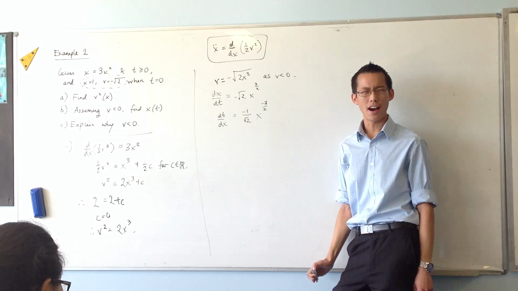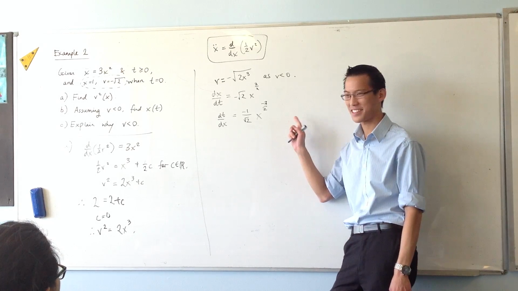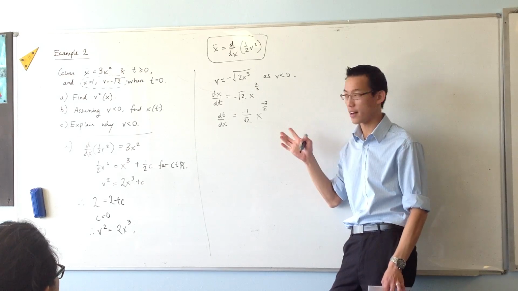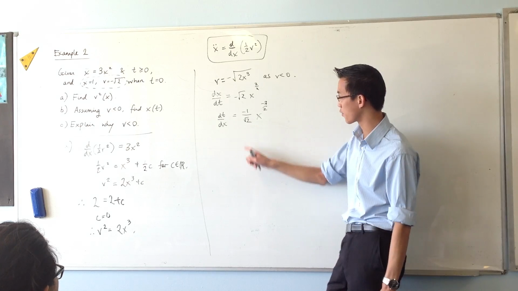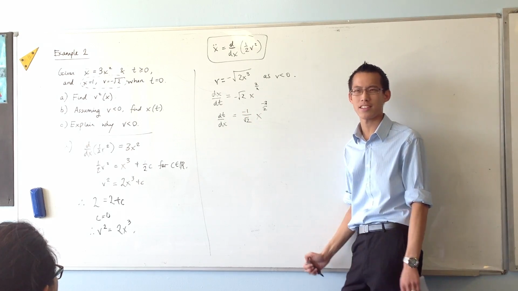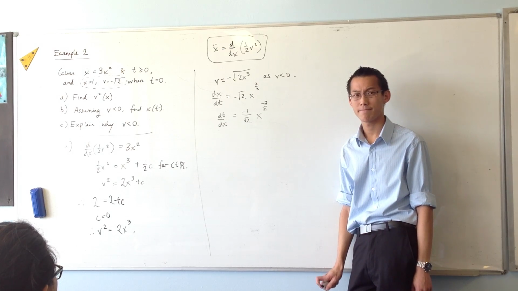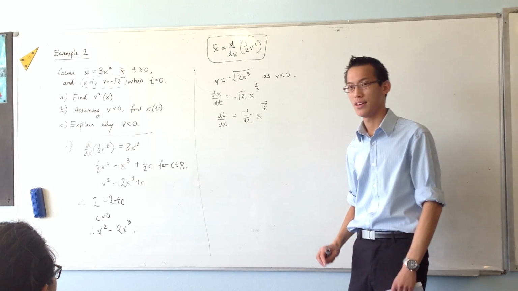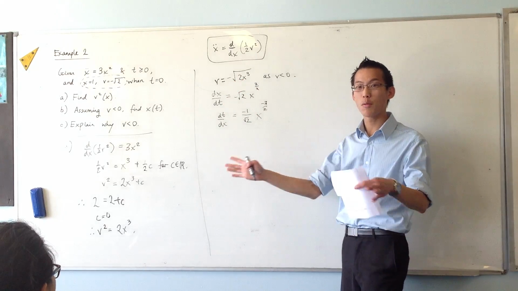Okay? Now, I wonder how many of you can see, if your cogs are turning, where this is headed, okay? Remember, I want x as a function of time. Okay? I've got all the pieces here. I've got time, I've got my x's, it's just not quite in the right spot. What should I do? Now remember, these differential operators, we can move them wherever we like.